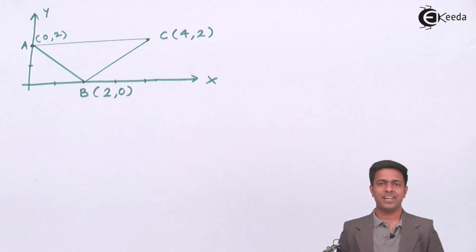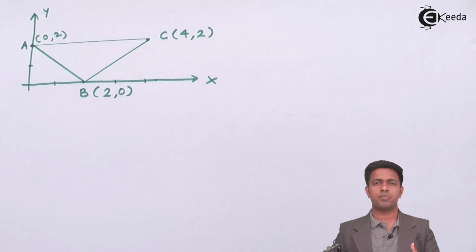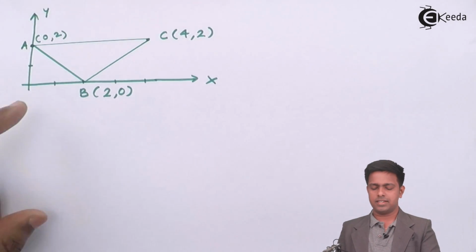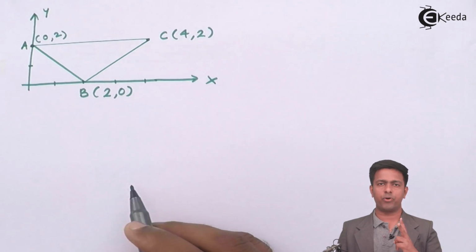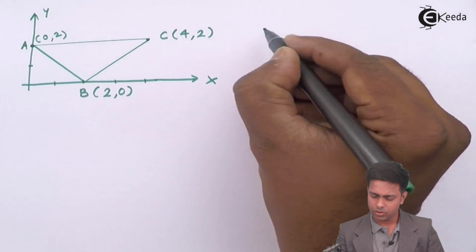AB is a straight line. For AB, if I want to find the line integral, then I have to find the relation of y with respect to x. This is a straight line, and for a straight line we know the equation in two-point form.